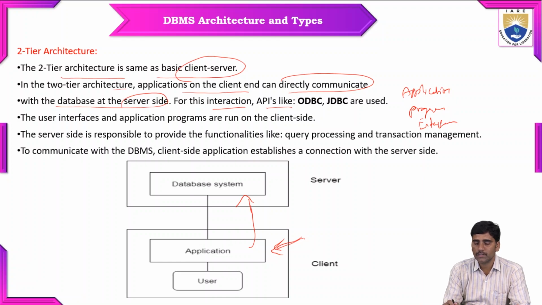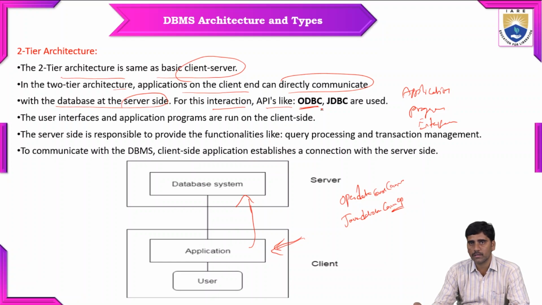APIs like ODBC, Open Database Connectivity, and JDBC, Java Database Connectivity, are used for interaction from the users to the database.